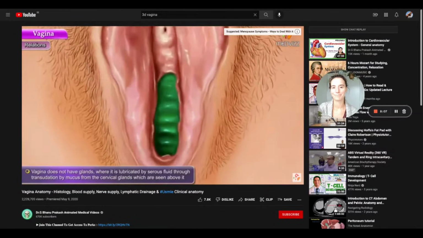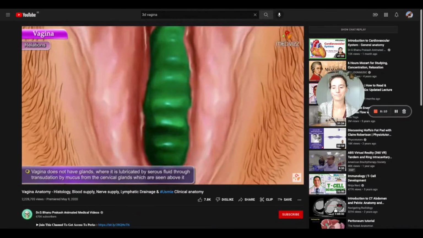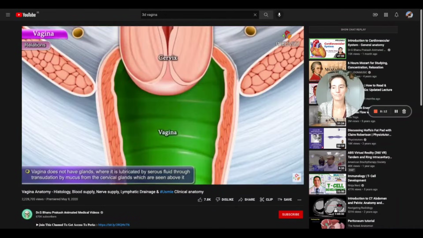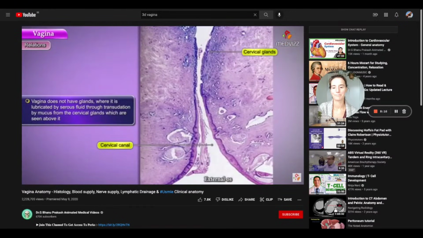Vagina does not have glands, where it is lubricated by serous fluid through transudation by mucus from the cervical glands, which are seen above it.